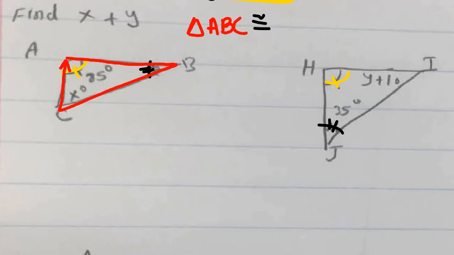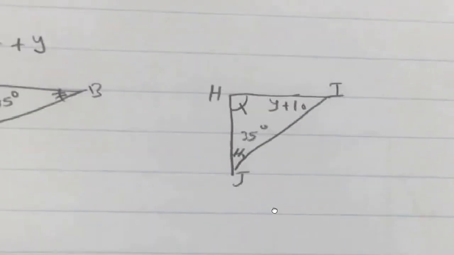But I think your hatch marks are in the wrong place, Samina, because if it's the same problem from above, triangle HBC should be congruent to triangle HIJ, which, let me take a closer look at your diagram.